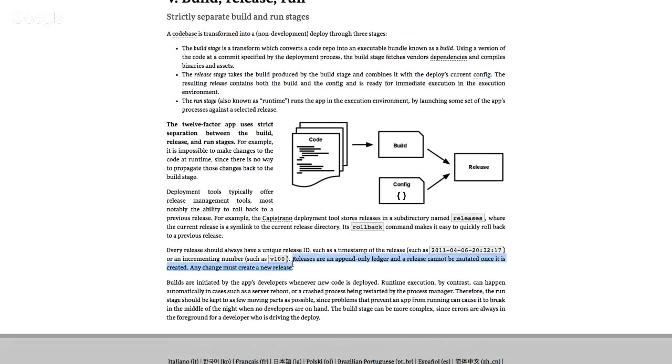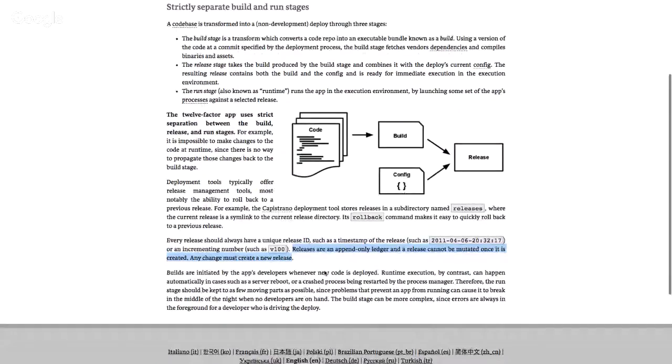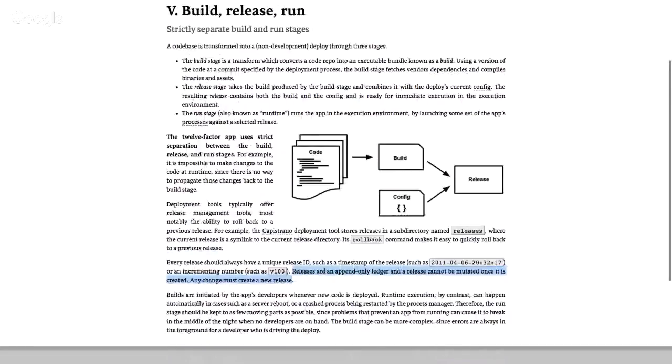Releases are an append-only ledger, and a release cannot be mutated once it is created. Any change must create a new release. Obviously, they're saying once you make a release, you cannot make changes to the release. You cannot mutate it. If there are changes to be made to a release, basically you release a new version.